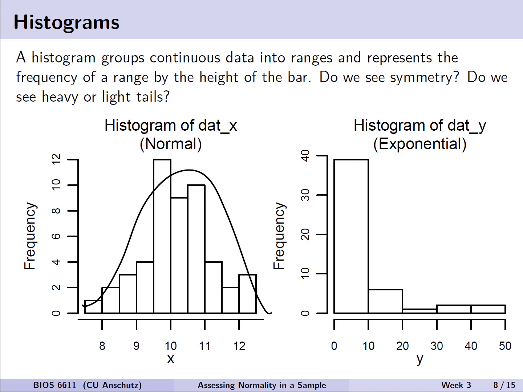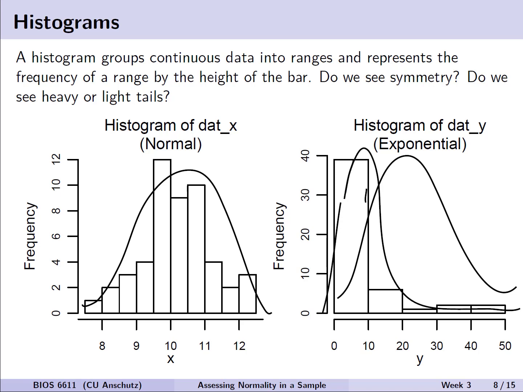Whereas if I try to go over to our exponential distribution and draw a bell curve, I'm not even really sure how I would do so without trying to do something that's decidedly skewed. So this gives us a first glance at just looking at the histogram. If we didn't know the distributions they came from, for the exponential it appears somewhat non-normal, and we may be concerned depending on what we're trying to do, versus at left it seems to be somewhat normal because that is what we simulated from.